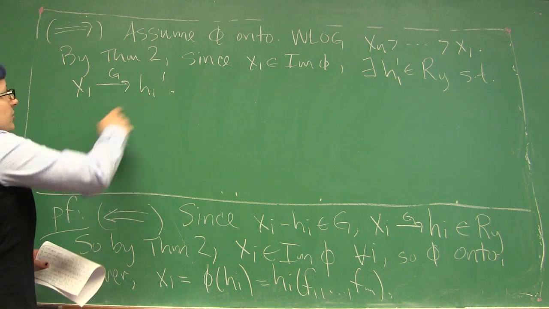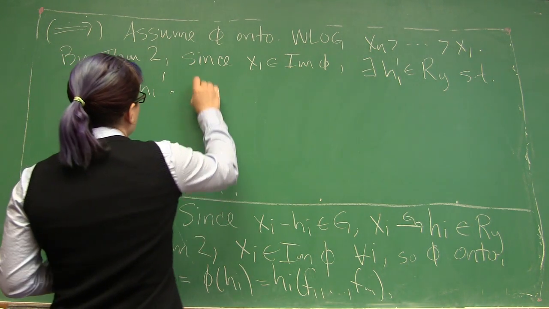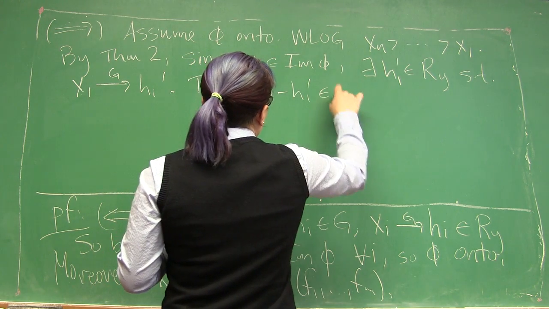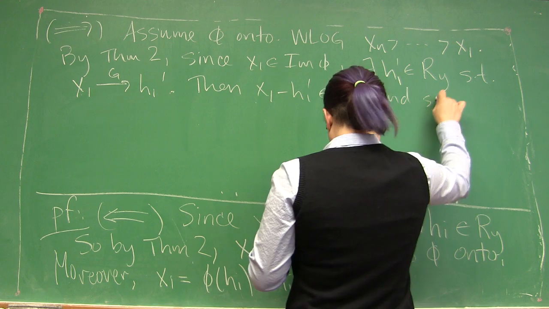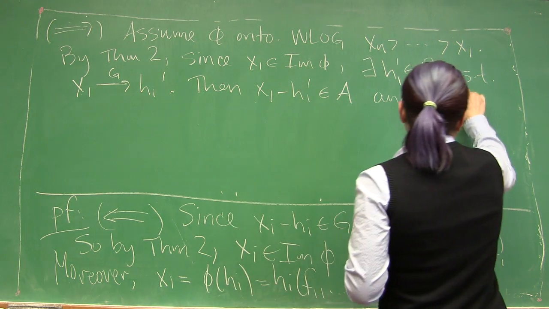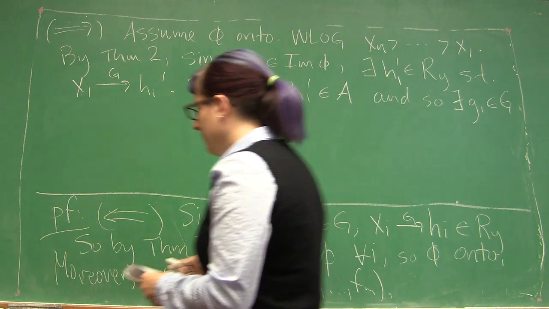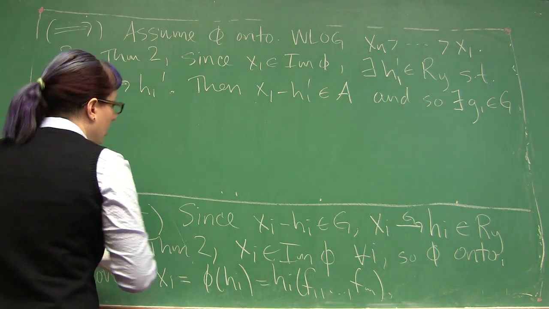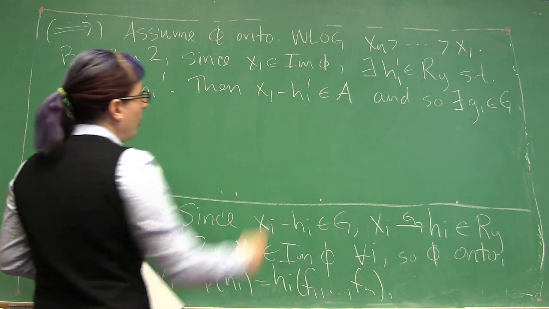That means that the difference, x1 minus h1 prime, is in our ideal A. And so there exists a g1 in our Grobner basis G such that the leading power product of g1 has to divide the leading power product of x1 minus h1 prime.